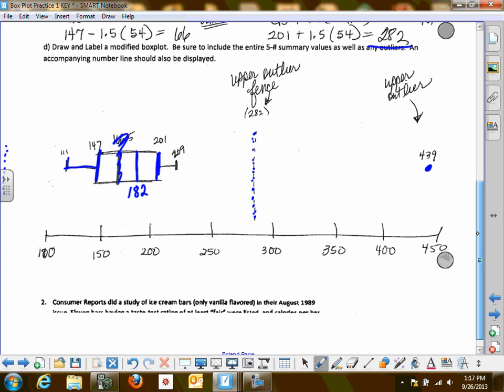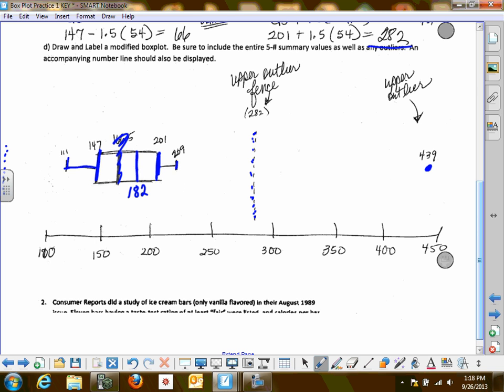Okay. The next little detail that kind of gets confusing is, what does my whisker go to? The question is, does my whisker go out to the fence since I have something way out there? And the answer to that is no. The whisker goes to the next piece of data that you have inside of the fence.